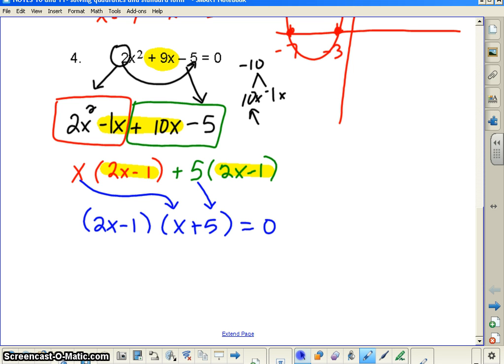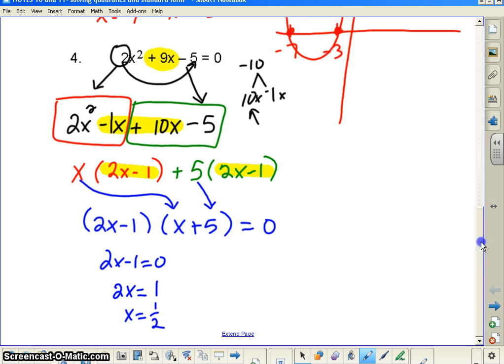Just to review what we did here, I took 2x squared plus 9x minus 5 equals 0, and found the factors of negative 10, which were 10x and negative 1x. And then rewrote it. I didn't factor anything yet. I replaced 9x with those two factors, and then factored out a common factor. So if I go ahead and solve it, 2x minus 1 equals 0, 2x equals 1, x equals 1/2.